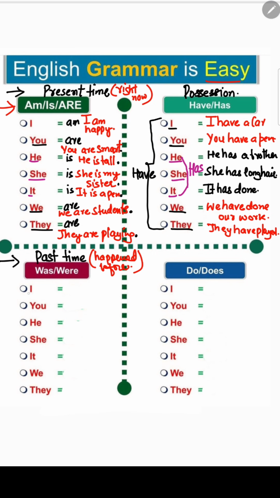So with I, we use was. With you, we use were. With he, we use was. With she, we use was. With it, we use was. With we, we use were. With they, we use were.